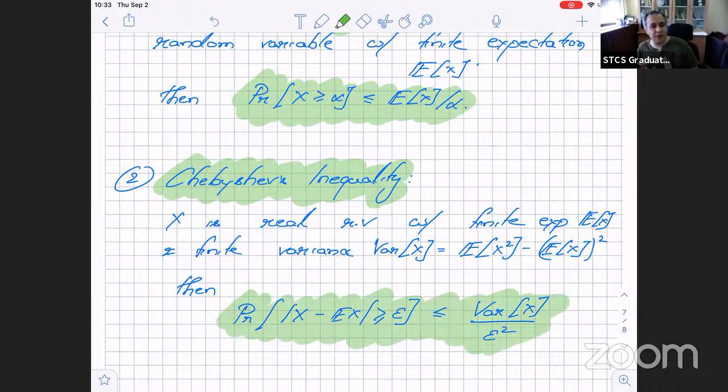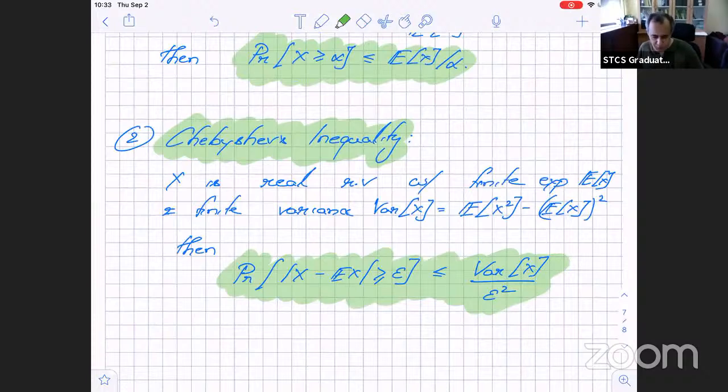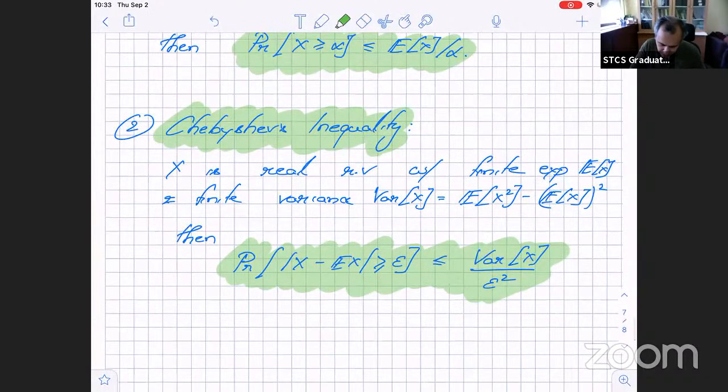This is an easy application of Markov's inequality. It takes 2 minutes, so let's save those 2 minutes, but you can check it out. I'm assuming you would have seen this inequality.